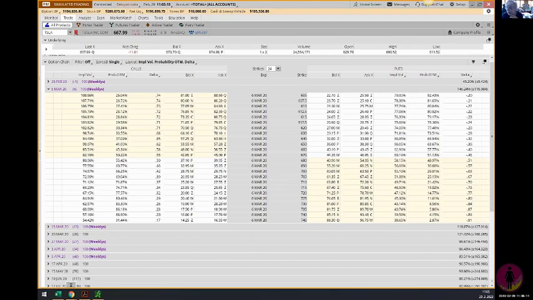Instead of putting a put, I made a call. So you thought Apple would go bearish, correct? I thought that Apple would go bearish. Right. So tell me, which one did you put on?